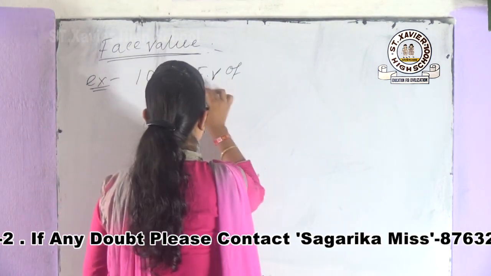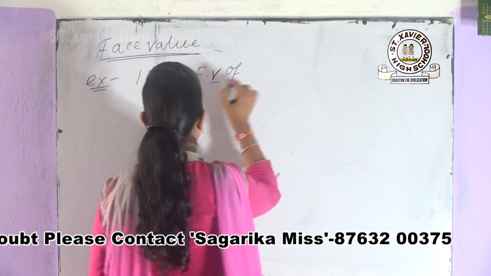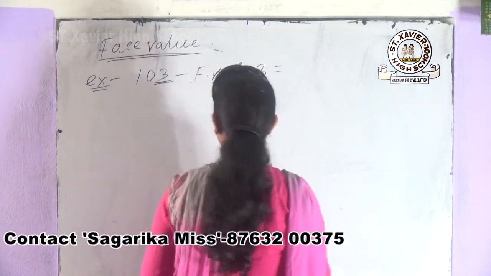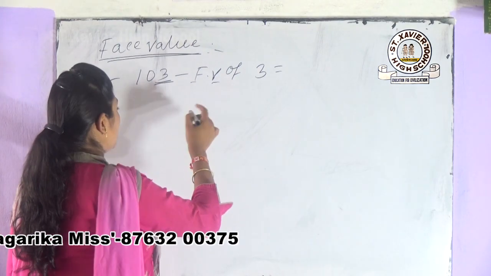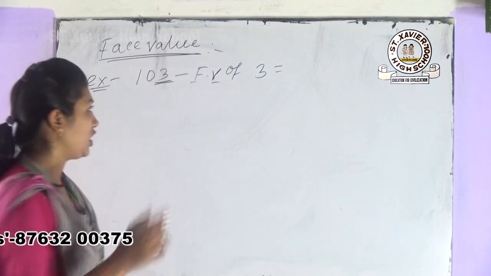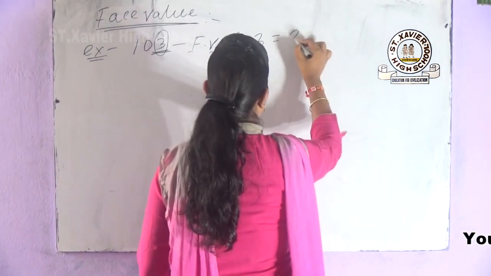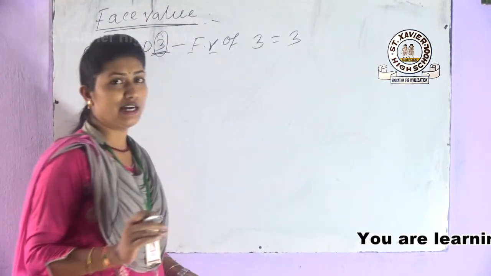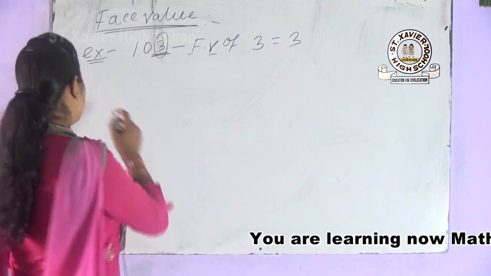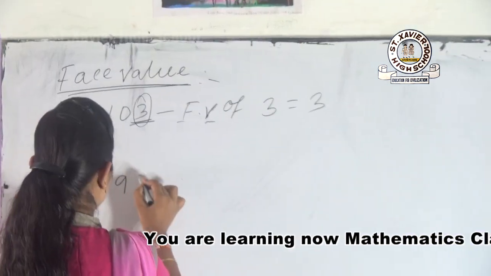FV of 3. FV means face value. So face value of 3 is equal to the number itself. The digit itself is called face value of that number. The digit is 3. So you have to write 3. 3 is the face value of 3. Another example, 95.